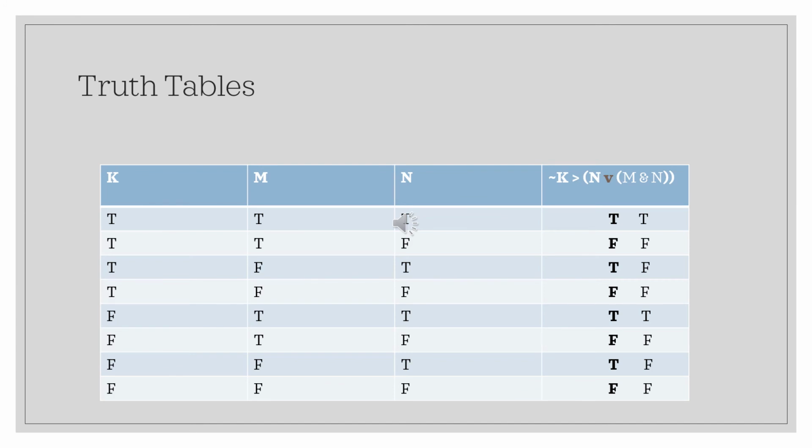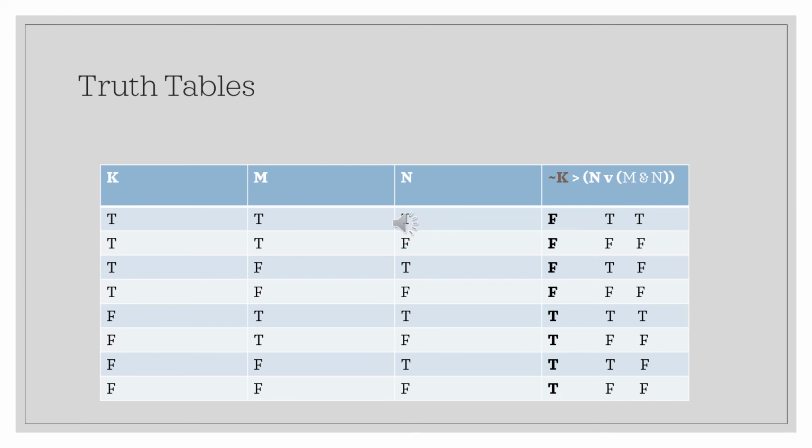So now we've got the truth value of the disjunction. We now know the truth value of the sentence N or M and N. Great. Now using this, we can go a step bigger. But first, we should take into account that the largest scope of the entire sentence is the conditional. We also need to recognize that the K out in front is negated on its own.